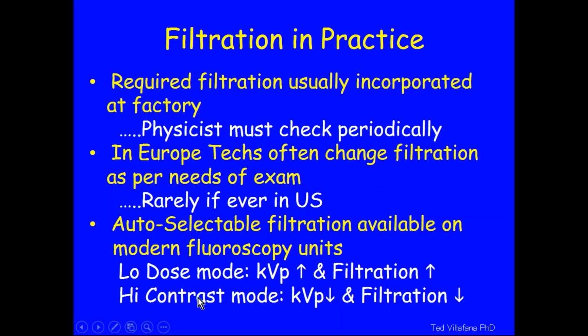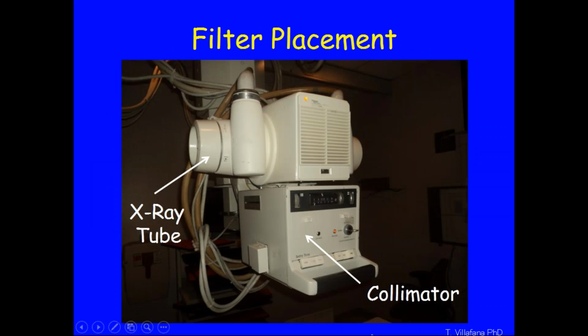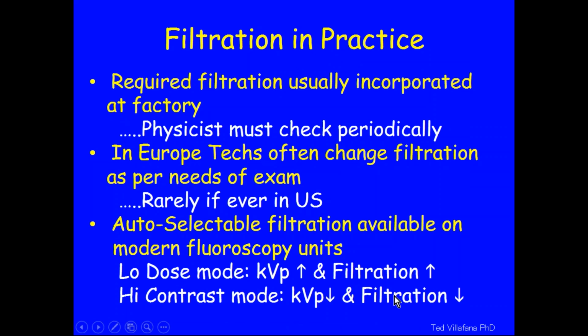But now the opposite: what if you want a high contrast mode? A high contrast mode is just the opposite. It means that your energy has to go in the opposite direction. For more contrast, you've got to get less kV. So if you go to lower kV and lower filtration, you're going to have a lower energy beam. You're going to have high contrast. But notice that a high contrast mode means that your dose is greater.